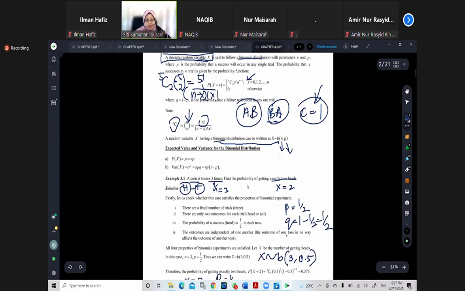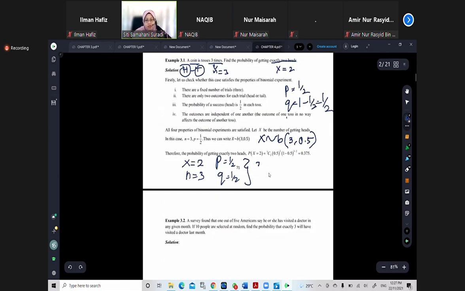So you get 3C2. Again, because this one is nCr or x equals r lah. Some of the terms use r, so in your secondary school you use r. So x, getting 2.